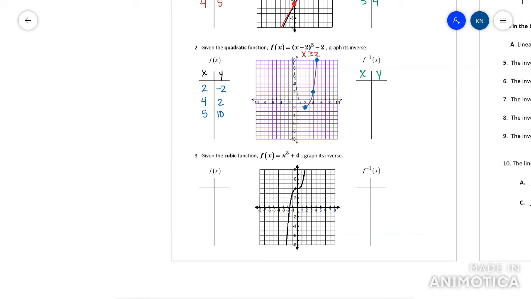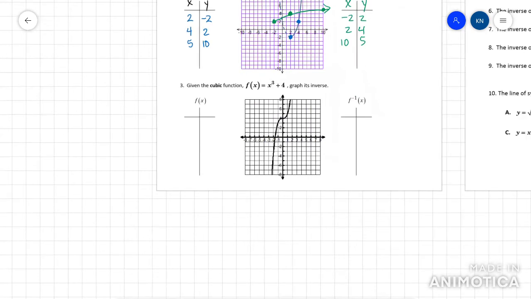So now the inverse, switch those. And plot it. -2, 2. 2, 4. And 10, 5. And here we go. It's a square root function for the inverse.